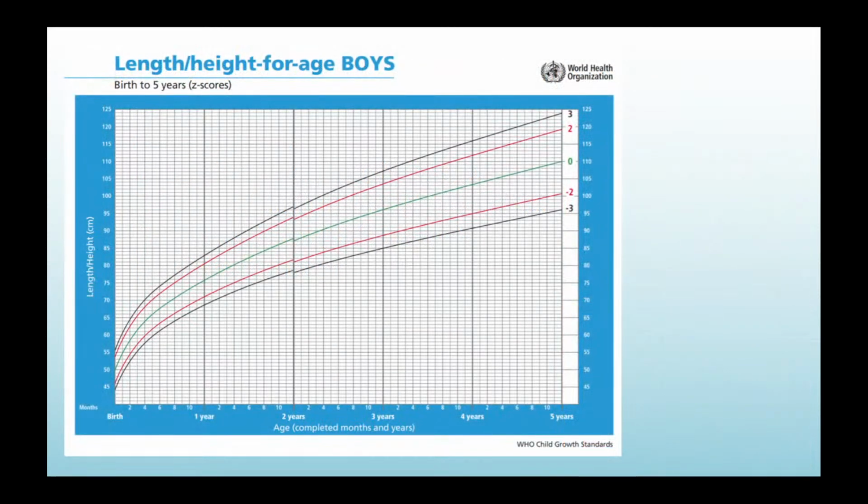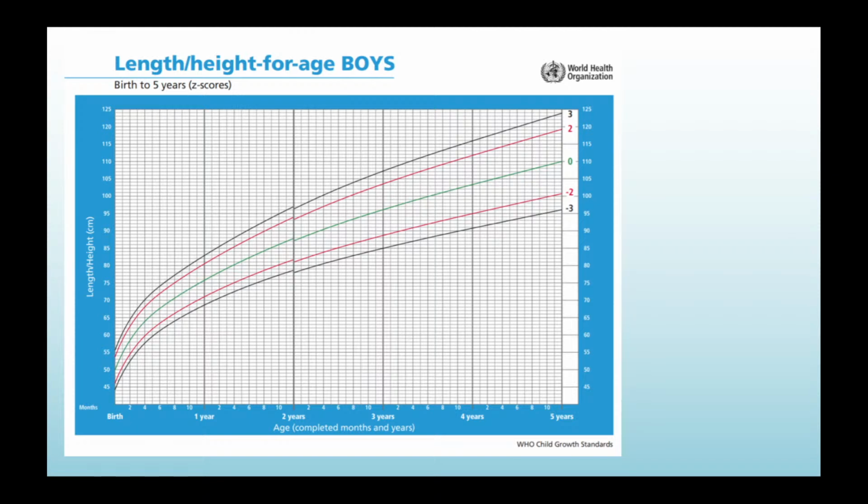For example, here you can see a graphic for estimating physical growth rate, height for age, for boys from birth to 5 years, with standard deviations. On the horizontal axis is age, on the vertical axis is height in centimeters.